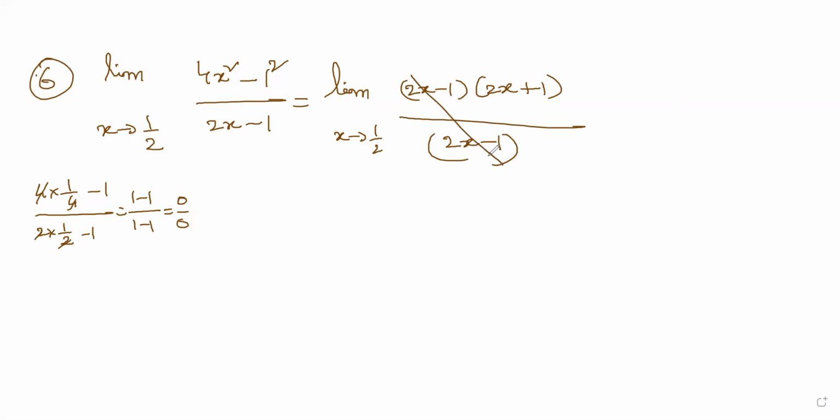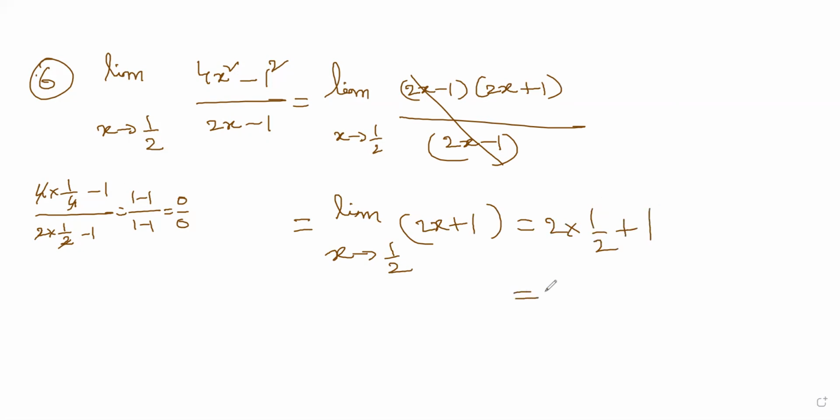So the factor 2x minus 1, the hurting term, is cancelled out. We are left with limit x tends to half of (2x plus 1). When you substitute x equal to half, that is 2 into half plus 1, so this 2 gets cancelled out. 1 plus 1 is equal to 2. That's the answer.